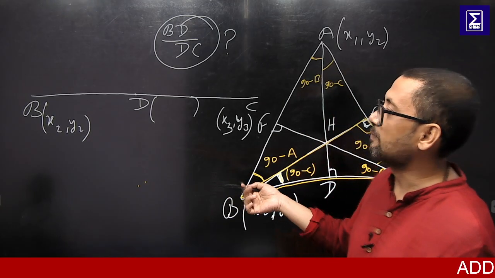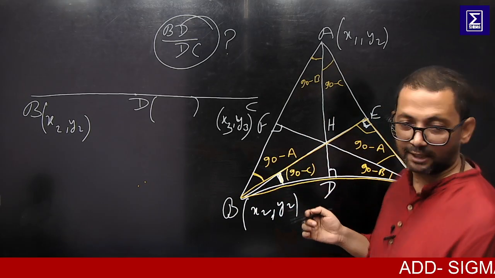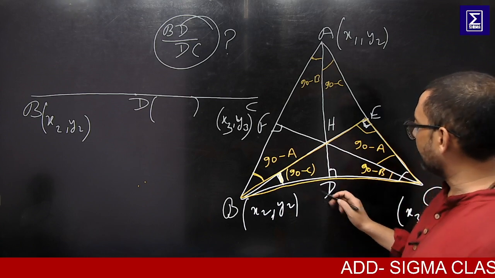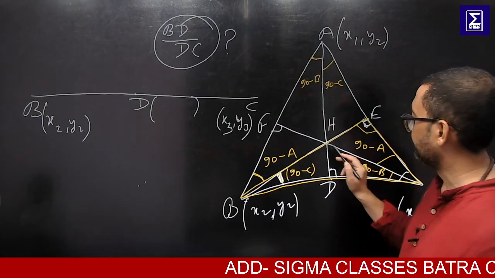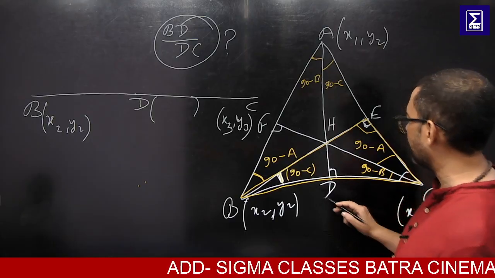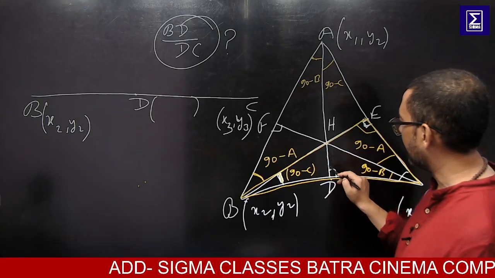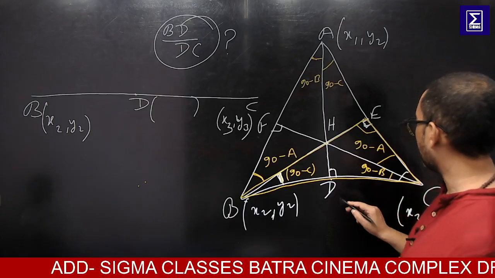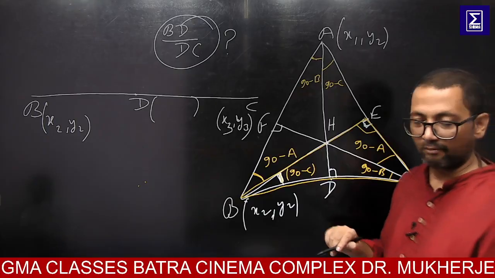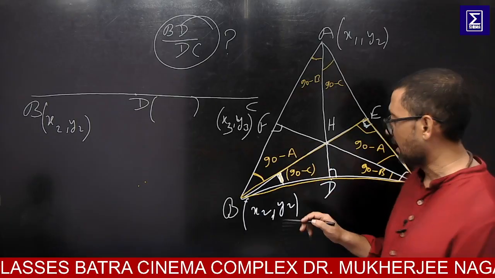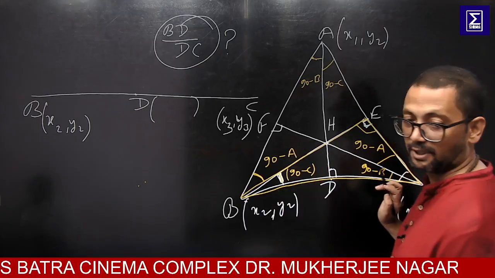So what we have to do is establish the relation. We take the triangle BDH and get the value of DH. Again we take the triangle CDH and get the value of DH. We will equate both equations and get BD upon DC.